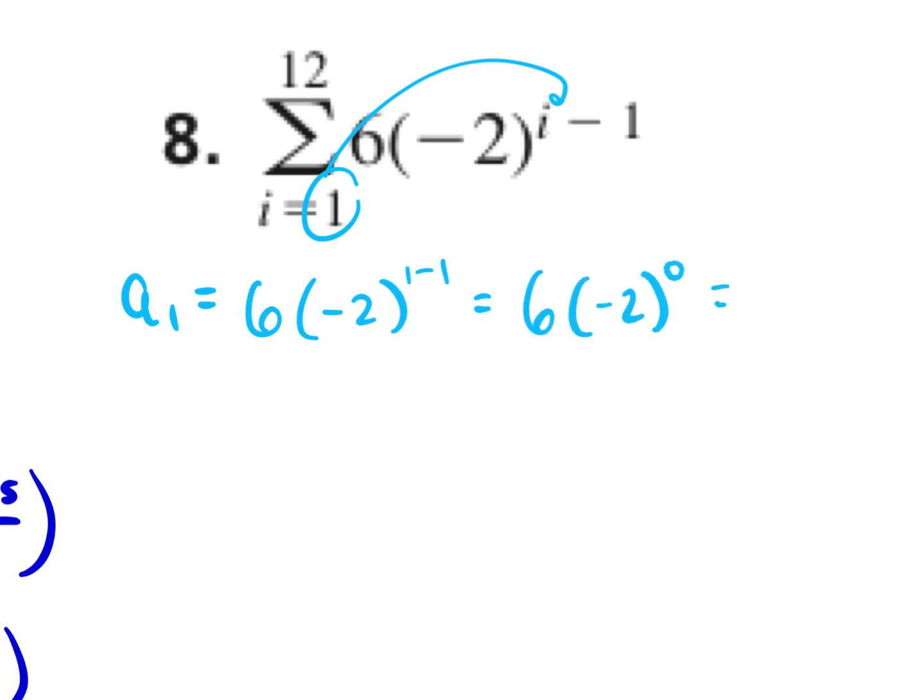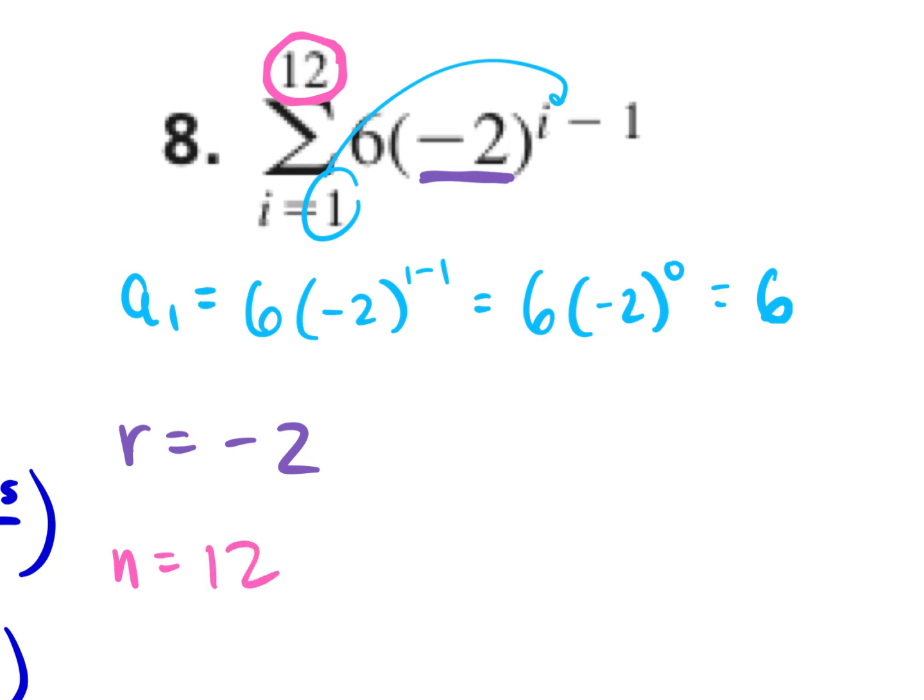What's negative 2 to the power of 0? 1. And 6 times 1? 6. Now let's find our ratio. What would our ratio be here? So the ratio is the number that has the exponent. Negative 2. And then we need to find our number of terms. What would my number of terms be? 12.